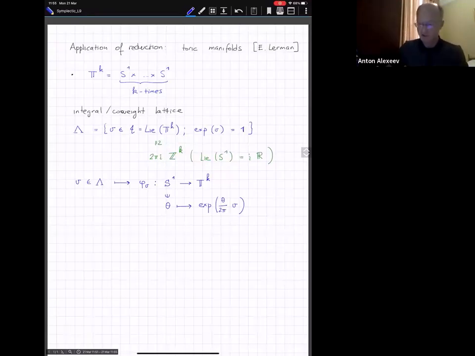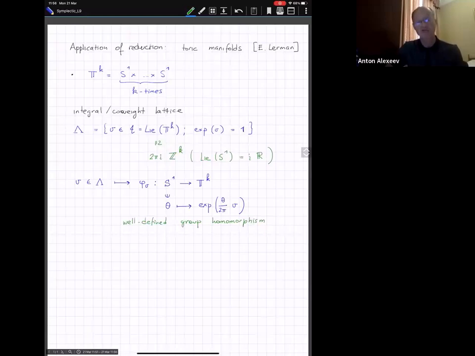So it's easy to check that this is a well-defined group homomorphism. And in fact, all group homomorphisms from S1 to T^k are like that.